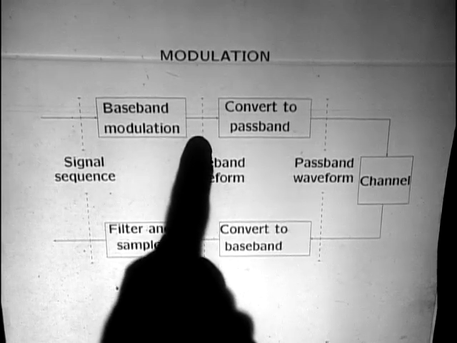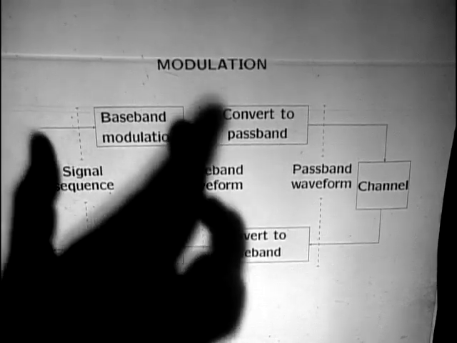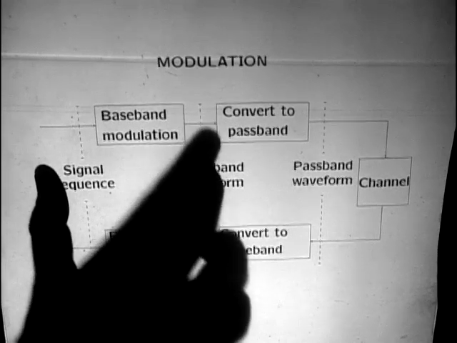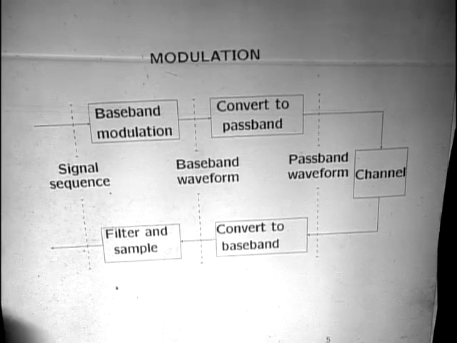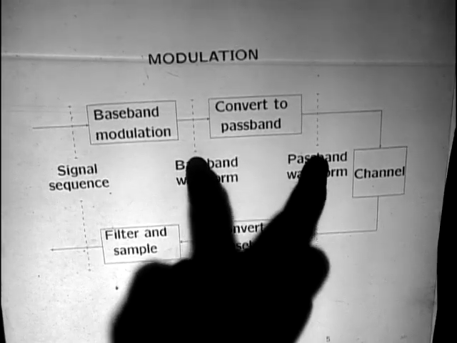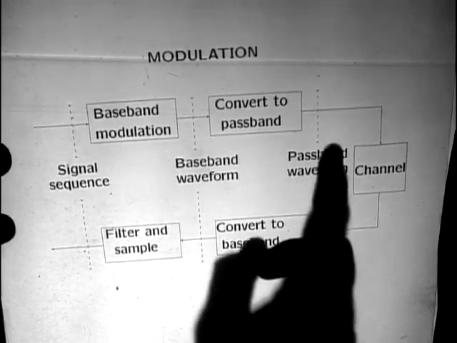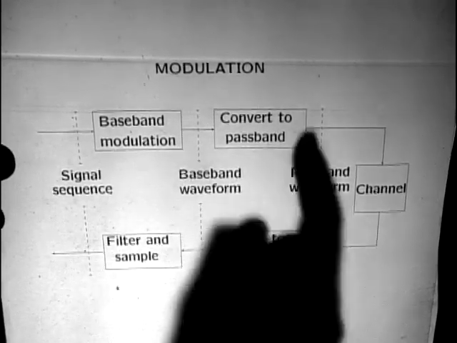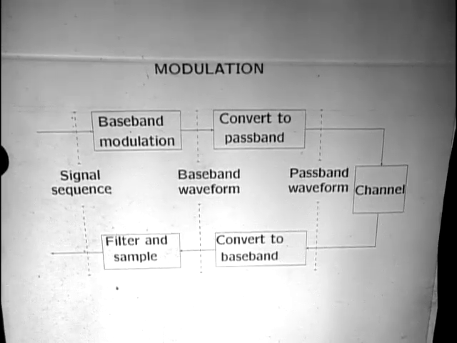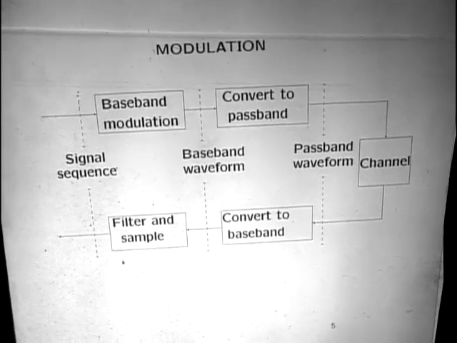That's what the Nyquist criterion is designed for. How do you make a baseband waveform which is very sharply cut off in frequency? Usually what we want to transmit is something at passband, so we somehow want to take this baseband waveform and convert it up to passband. We're then going to transmit it on a channel.